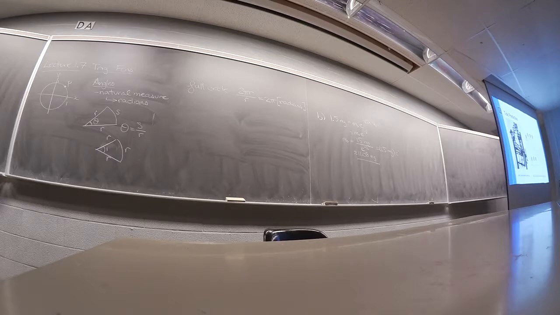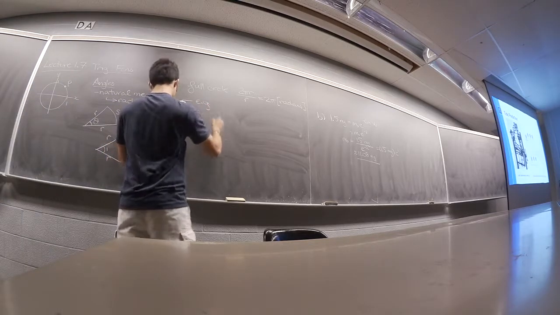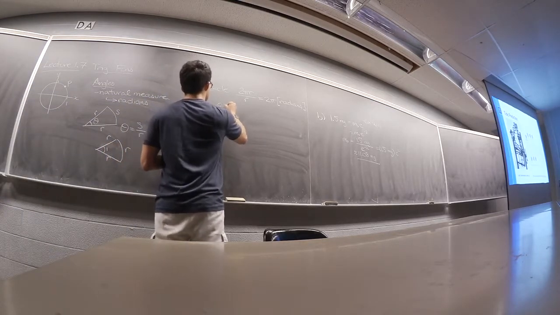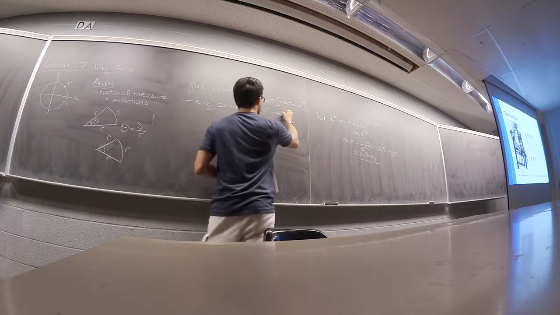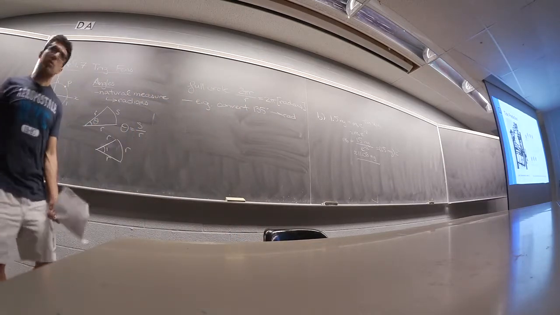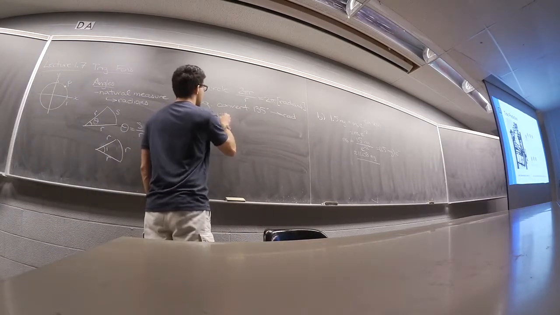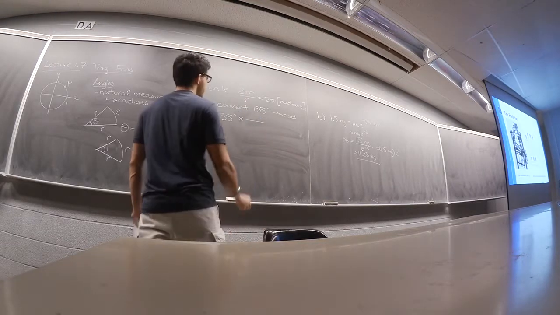So for example, if I ask you how many radians or how many degrees are there in a quarter turn of a circle, you should be able to figure that out. If we give you something in radians, you should be able to convert it to degrees, and from degrees to radians. For example, if I say convert 135 degrees to radians, what I was taught to do was to take it and multiply it by a converting factor.